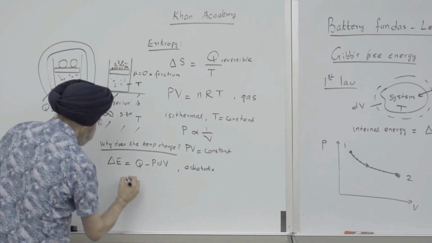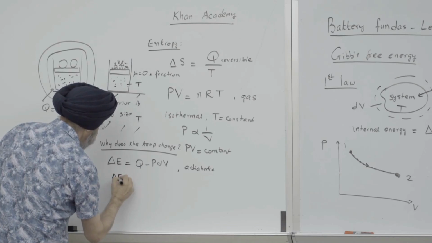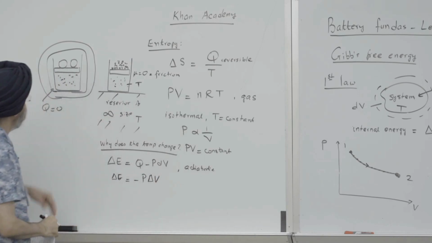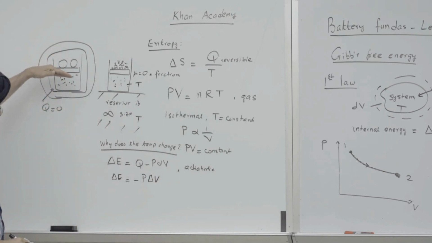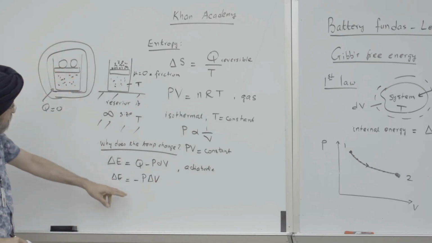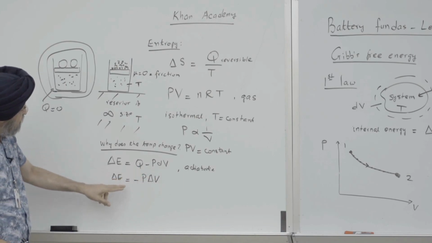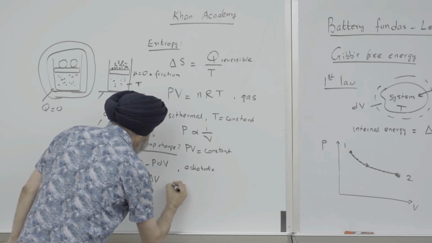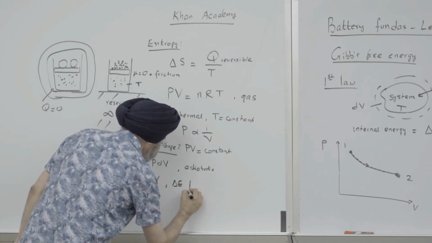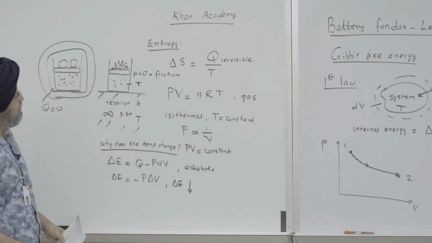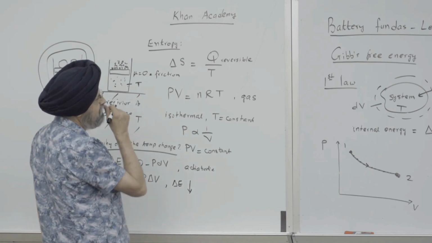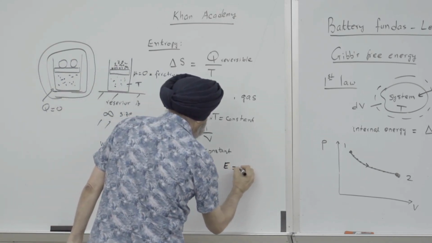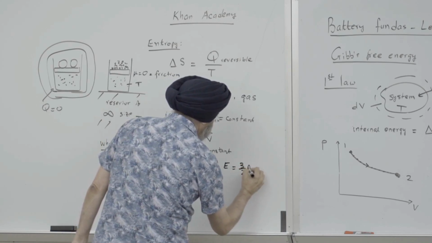So that means delta E is equal to minus P dV, right? So we expanded the gas and no heat came from outside. Notice the internal energy decreased. So delta E decreased. Now I mentioned that E is 3/2 nRT.